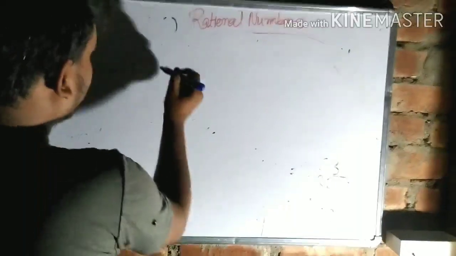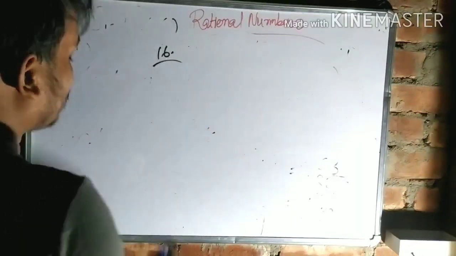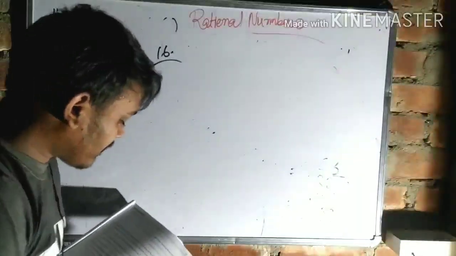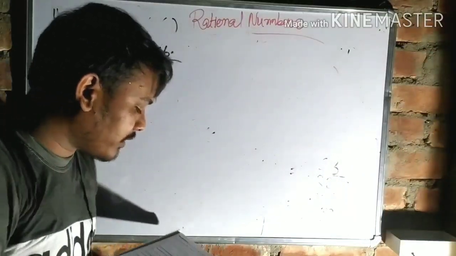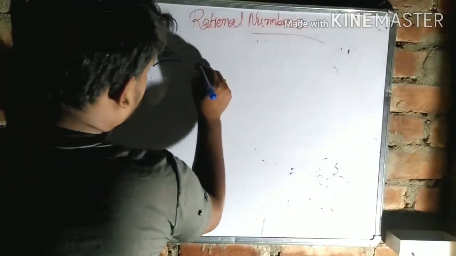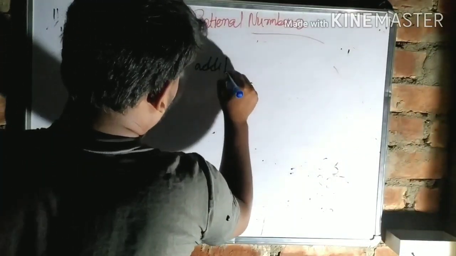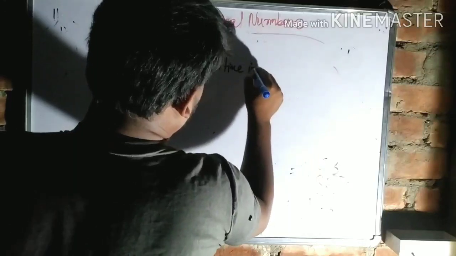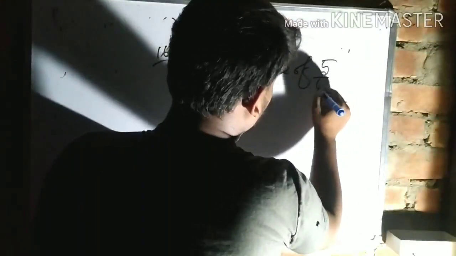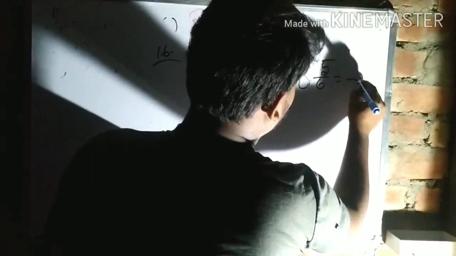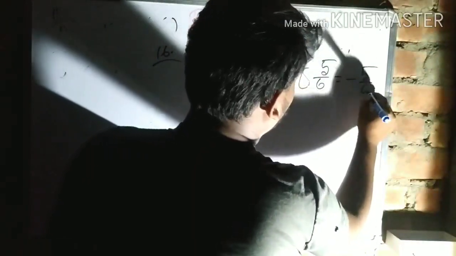Question number 16 is, subtract the additive inverse of 5 by 6 from the multiplicative inverse of this one. So additive inverse of 5 by 6 is minus 5 by 6.